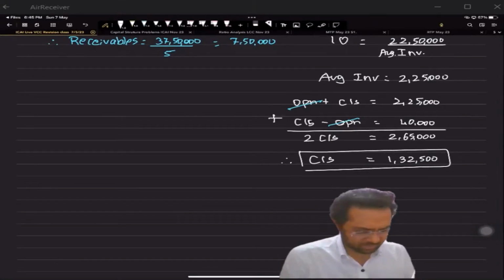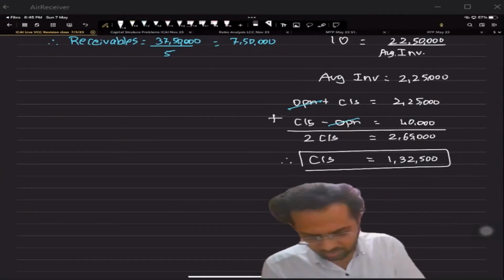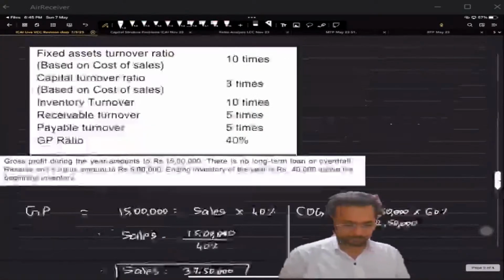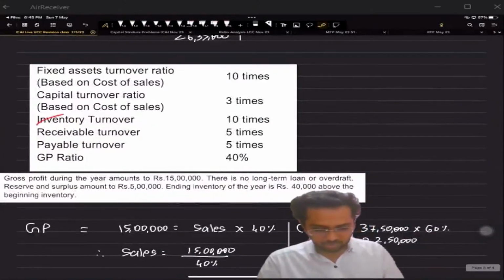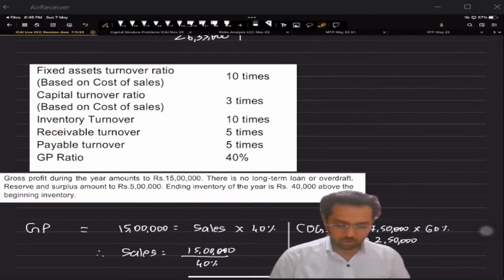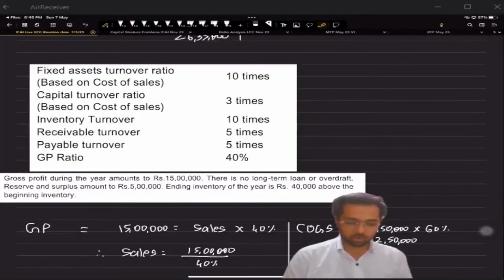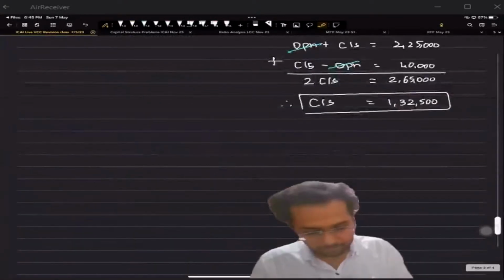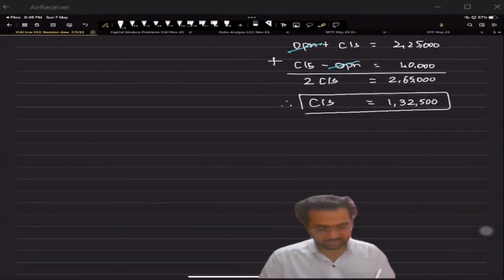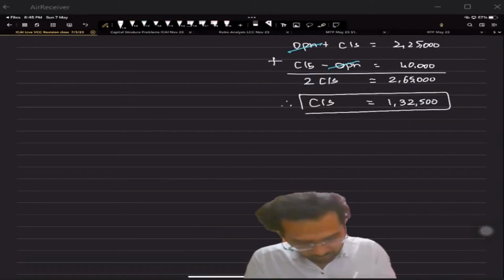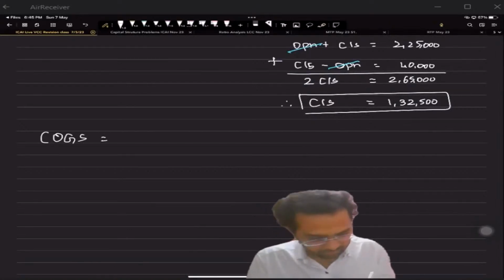And anyways, we need the balance sheet on the same lines. So that's done. Then we have inventory turnover, receivable turnover done. Now payables turnover. For payables turnover, you have to be cautious because payables turnover is based on purchases, right? And we know COGS.